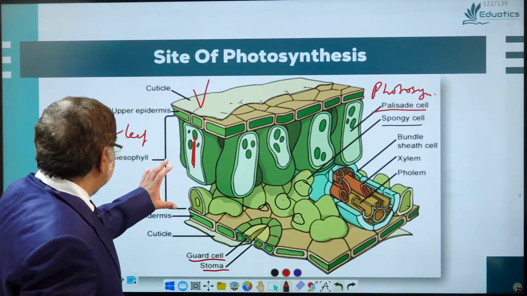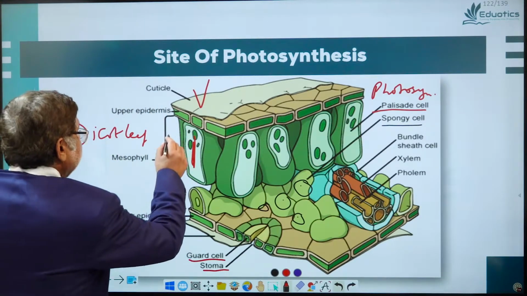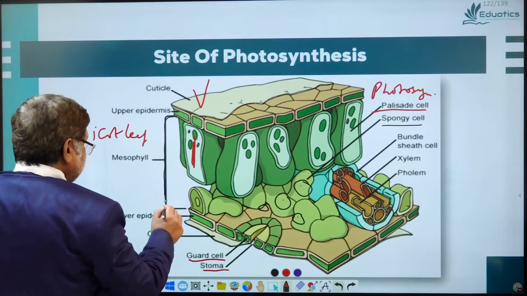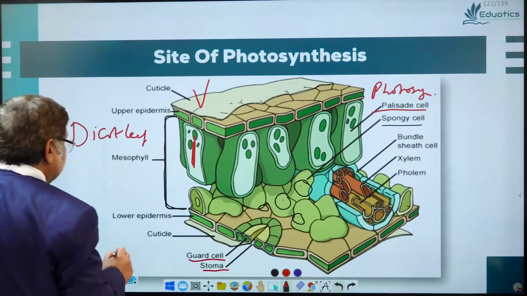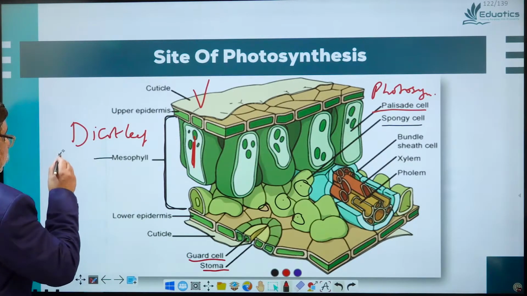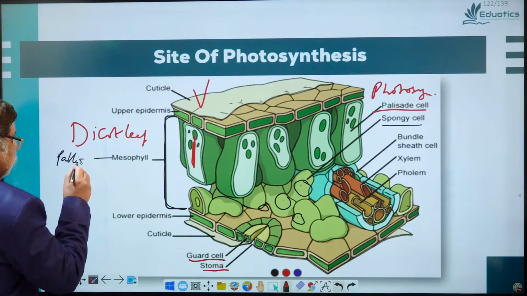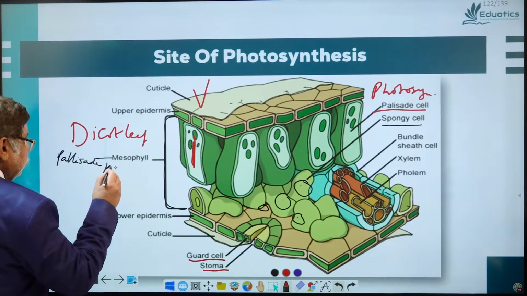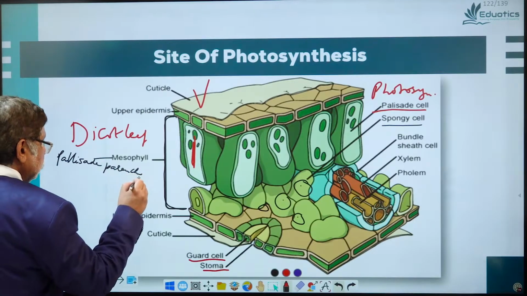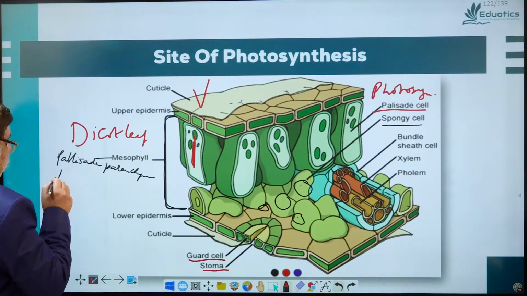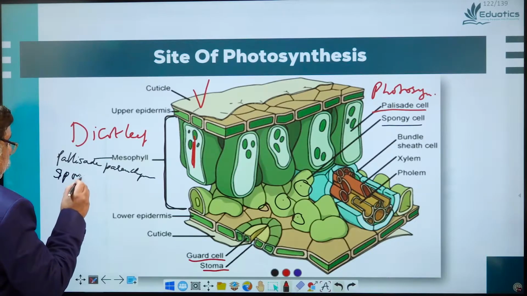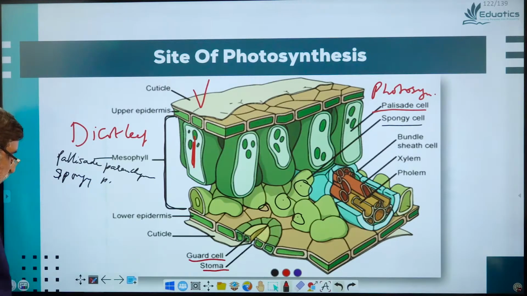It's a basic diagram of a leaf. Whatever is present between the two epidermis we call mesophyll. So in a dicot leaf, mesophyll can be divided into palisade parenchyma and spongy parenchyma.